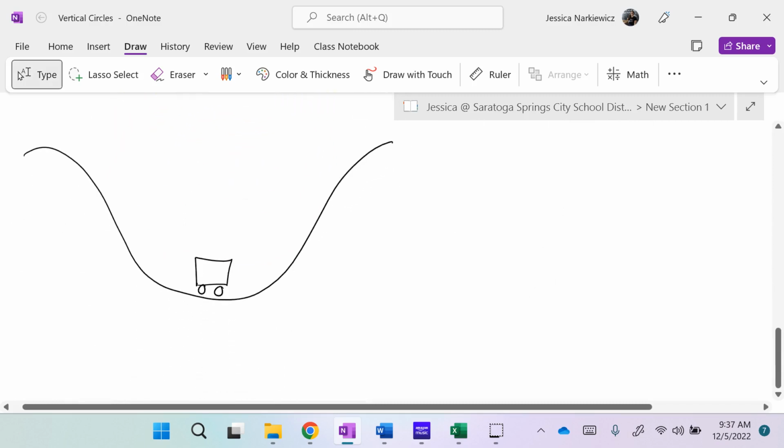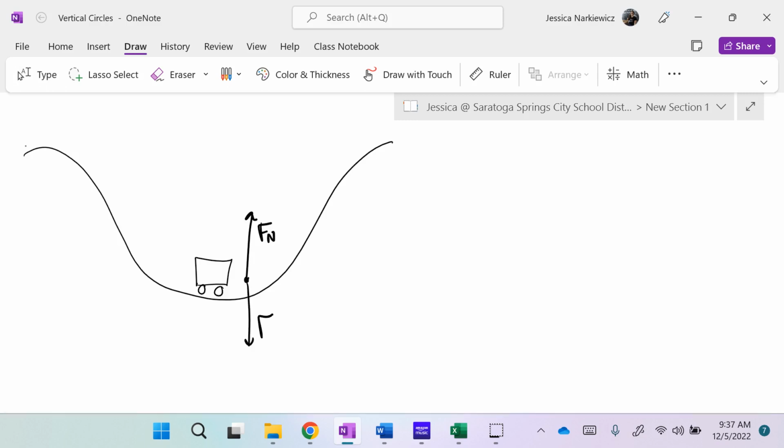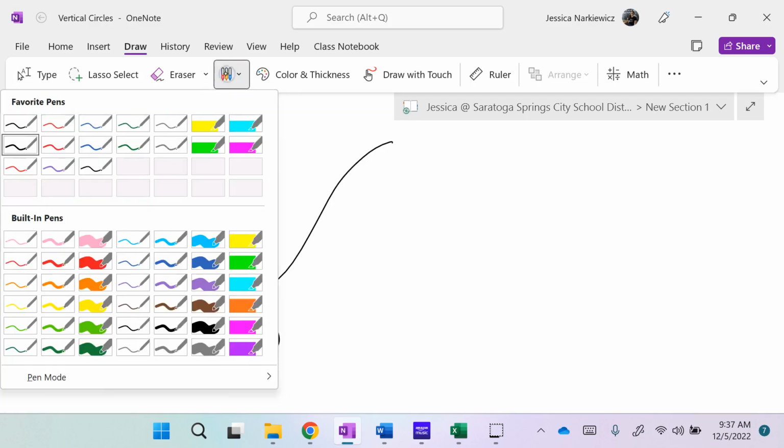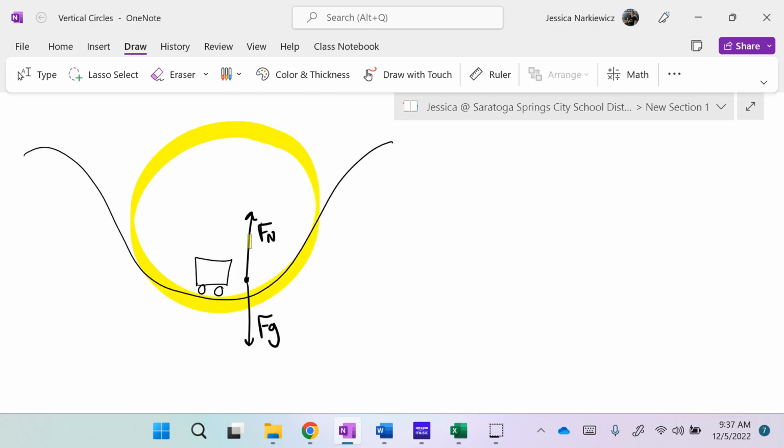And then the last type of circle is when we're at the bottom of a hill. Okay, we got a normal force and a force of gravity. And here, the normal force is the thing pointing into the center of the circle. So my normal force is going to be that positive centripetal force. Well, part of the positive centripetal force.